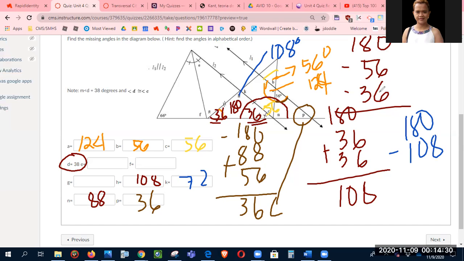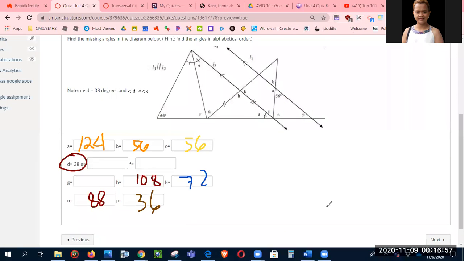Next, what else? G. Where's G? Okay, there's G. If it says that D is 38, and they have the same measure here, that's 38.